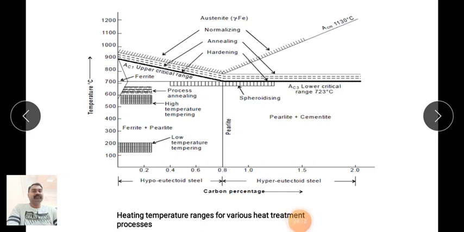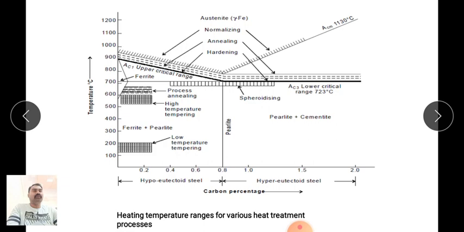As the size of the component increases, the time for maintaining the constant temperature also increases. Depending upon the size and shape of the component, we have to maintain that temperature for a period of time.